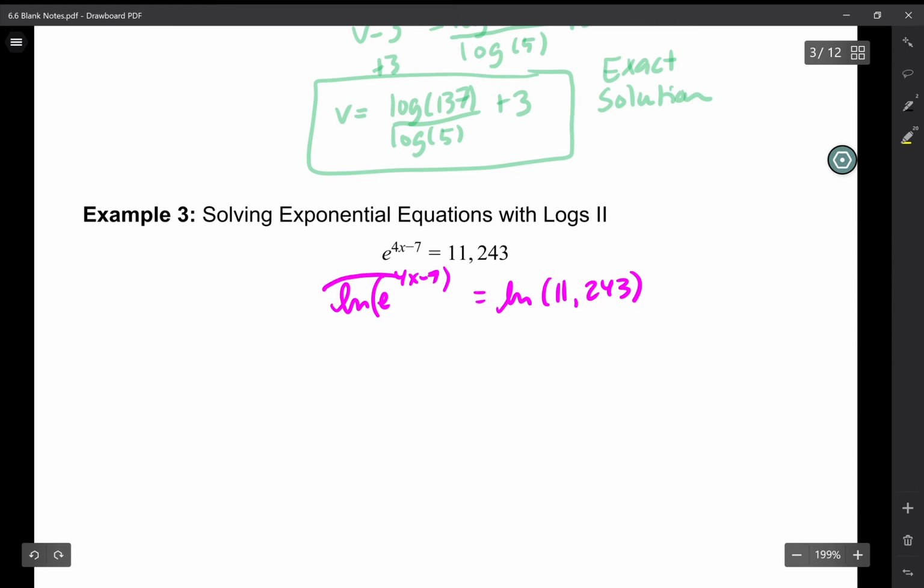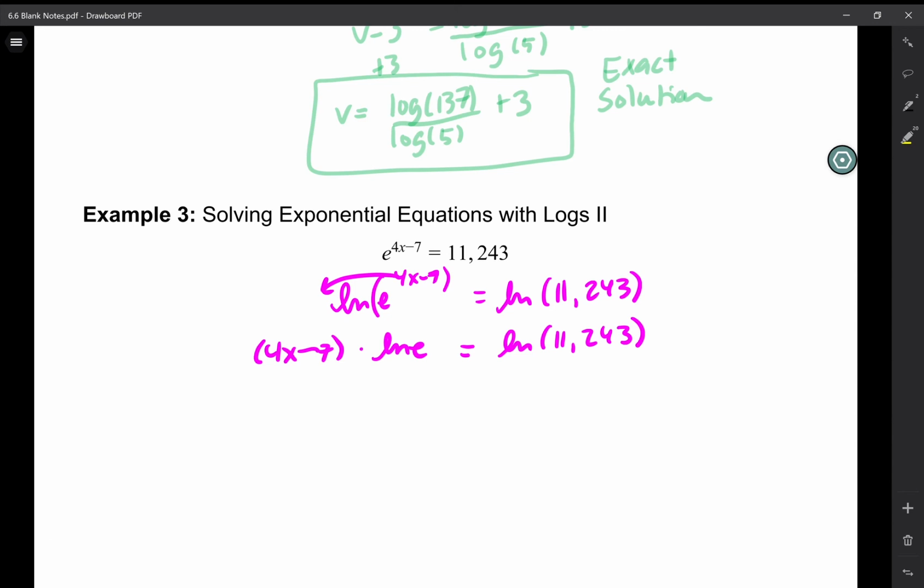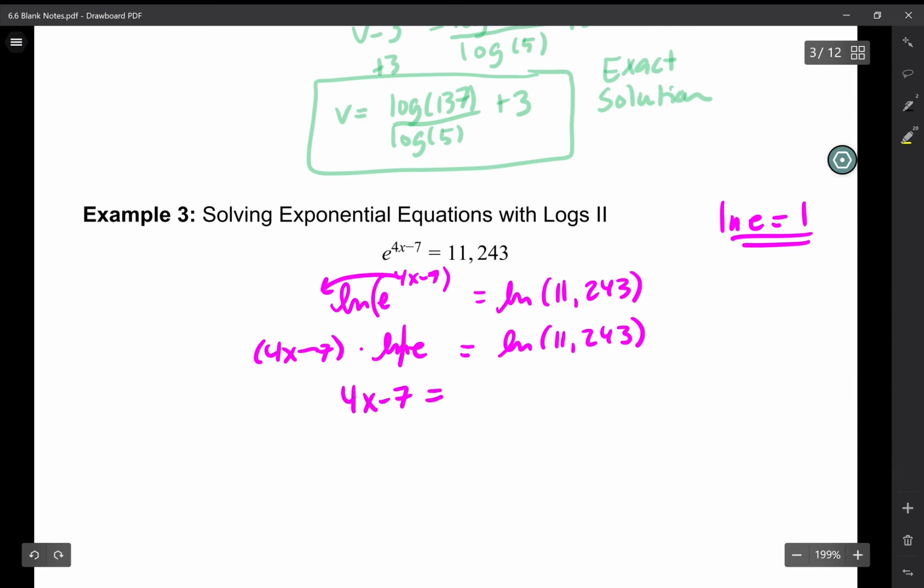My property of log still works, and I get 4x minus 7 times the natural log of e equals the natural log of 11,243. Natural log of e is really just equal to 1. Remember, e to the 1 equals e. So the natural log of e equals 1, so I can replace that with 1, and then this becomes 4x minus 7 equals the natural log of 11,243.